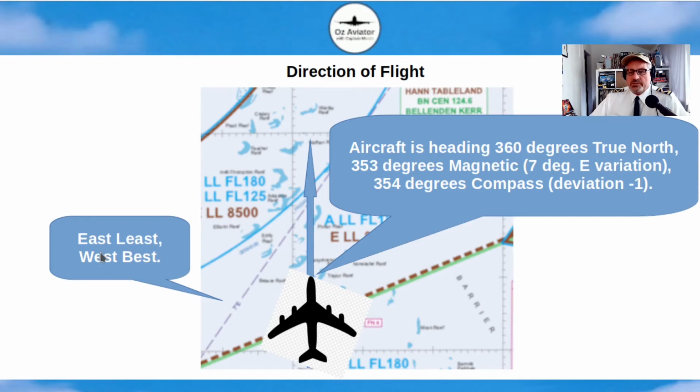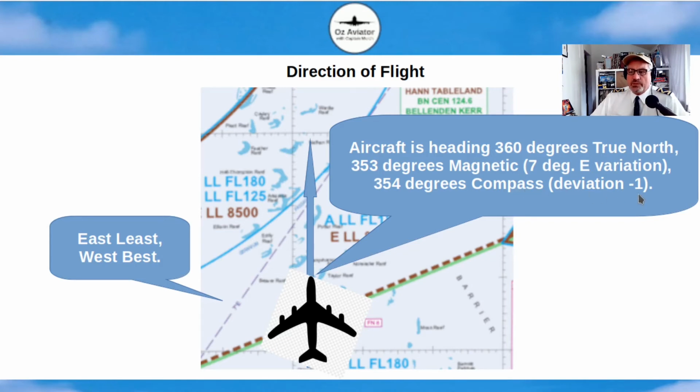We say east least, west best. So east least, you subtract that 7 degrees from the true north heading. So your heading will be 353 degrees magnetic. Take into account the 7 degrees east variation. So if your aircraft is heading 353 degrees magnetic, it will actually be heading 360 degrees true north.